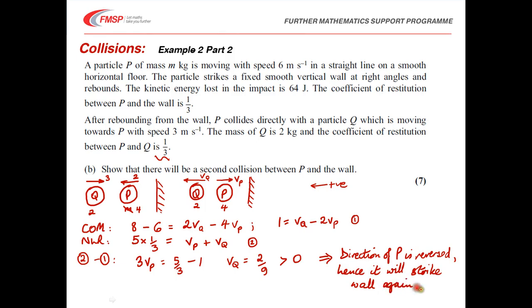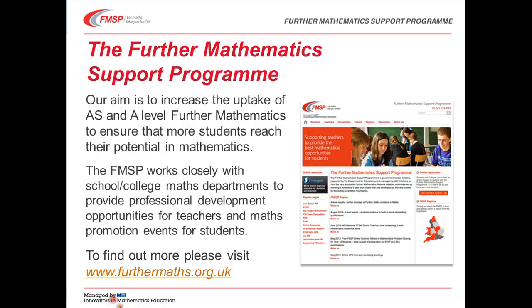And you do need to make sure you put that conclusion in at the end of the question there, because there is always a final mark in the last part of that question just for that conclusion. You know, you've shown that V is 2/9, but what does that mean? You do need to put a little bit of an explanation in about what the actual result of that is.